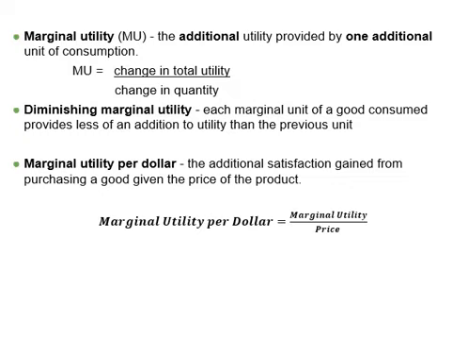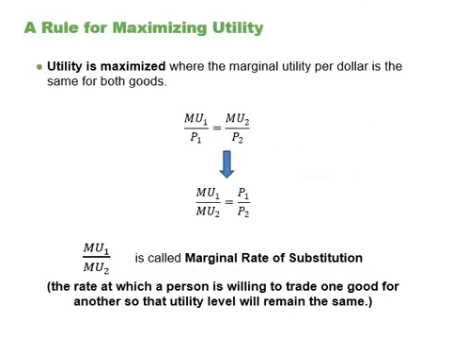Think about it as he will buy the item that gives him more bang for the buck. If a person always chooses the item with the greatest marginal utility per dollar spent, when the budget is exhausted, the utility maximizing choice should occur where the marginal utility per dollar spent is the same for both goods.